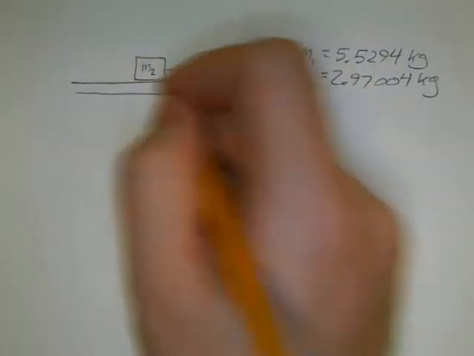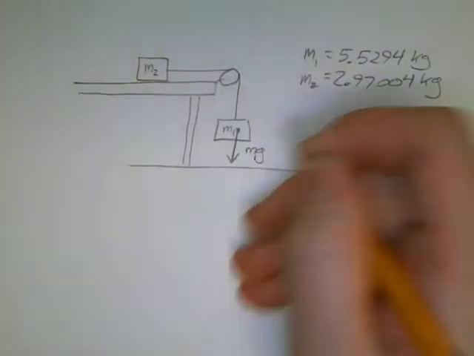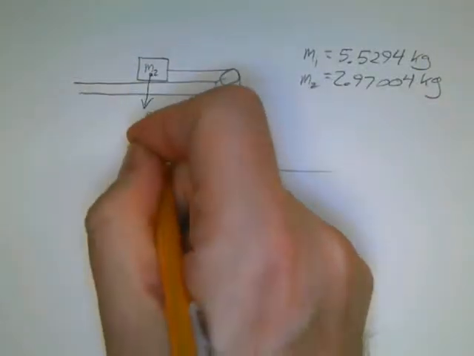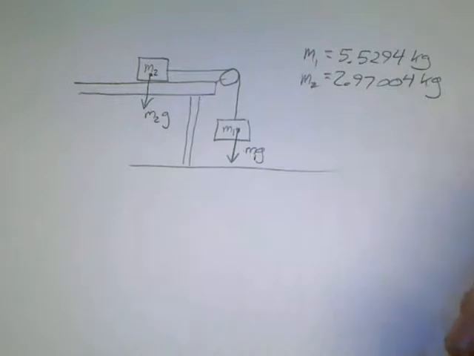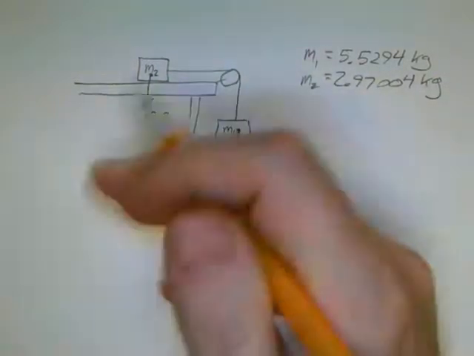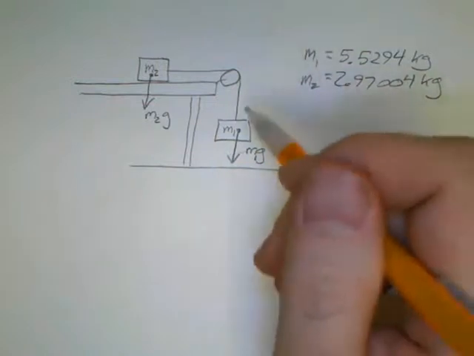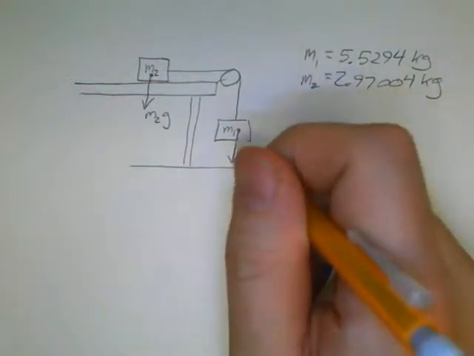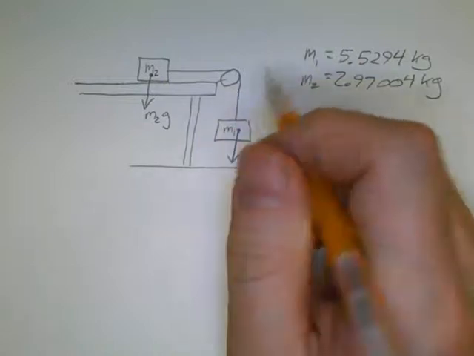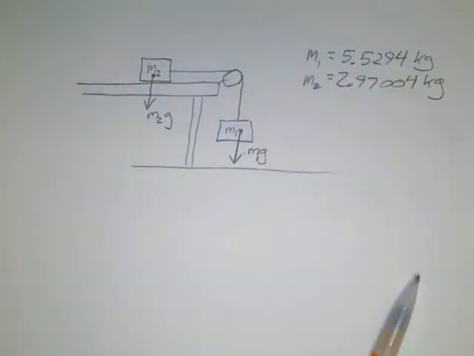In this case, it would be M1G, and this would be M2G. And those are external forces, they're gravity from the planet. And then this upwards force from the string isn't considered an external force.